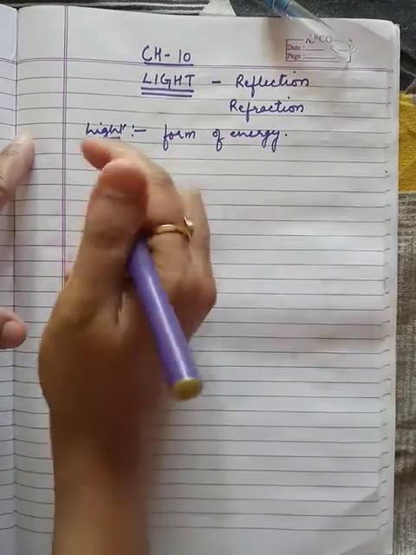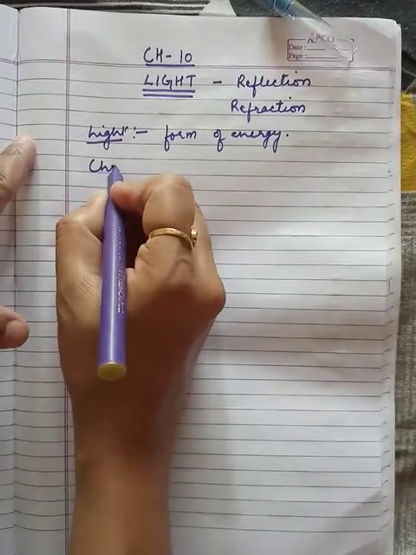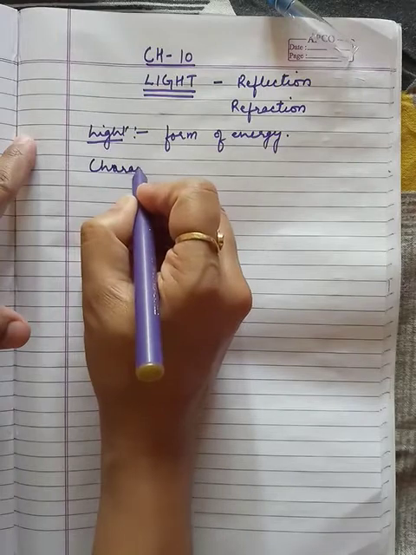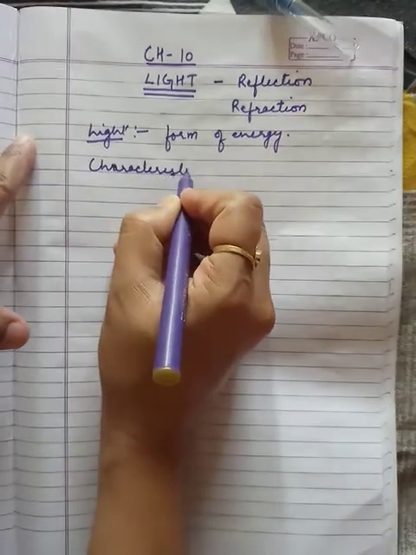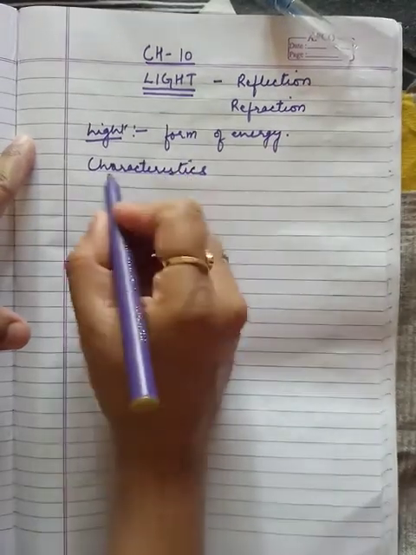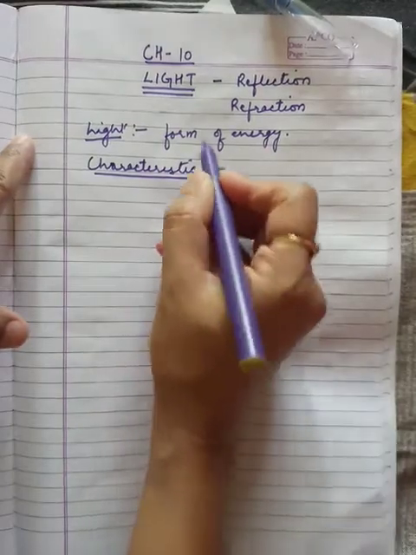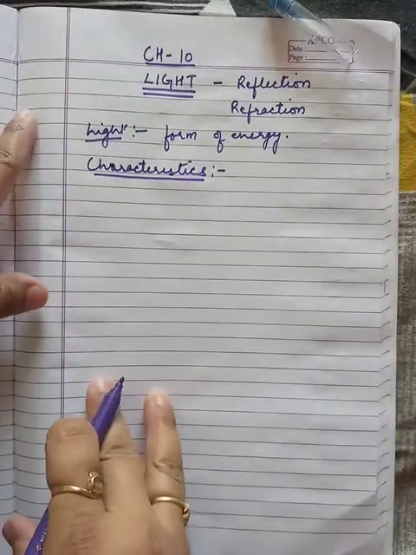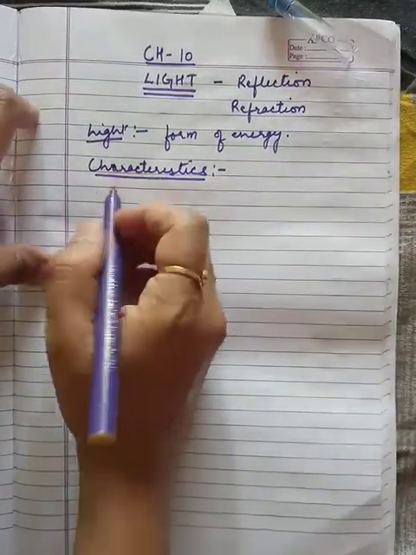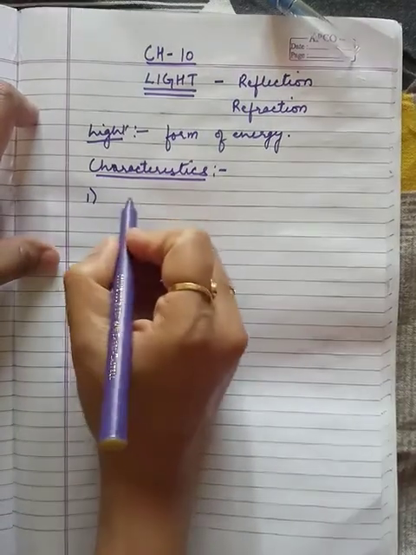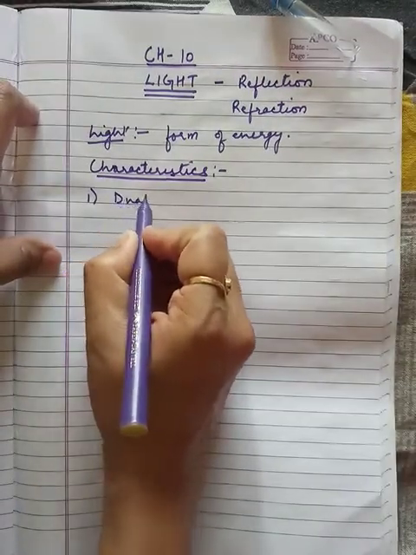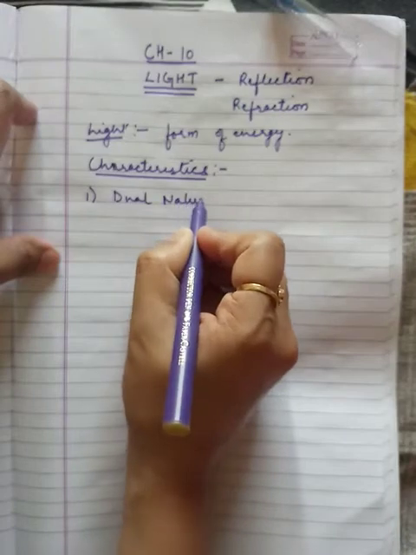So first of all, I would like to introduce the characteristics of light. What are the main characteristics of light, which is a particular form of energy? First and foremost important characteristic is that light has a dual nature.